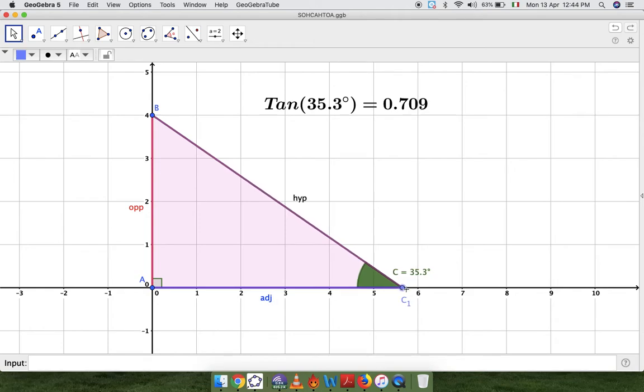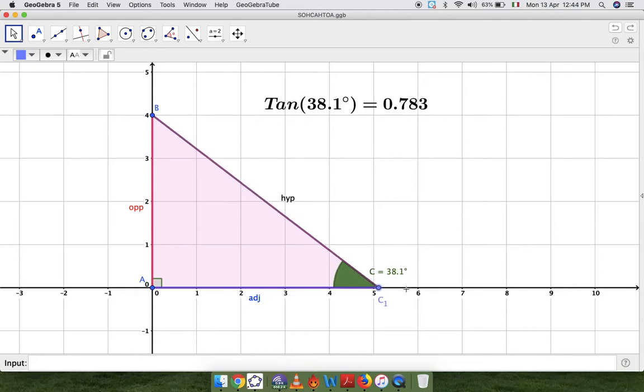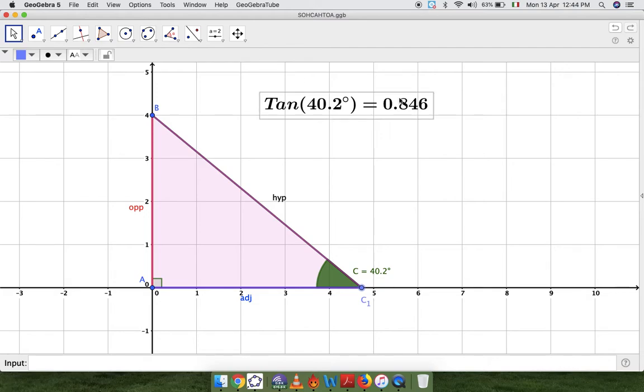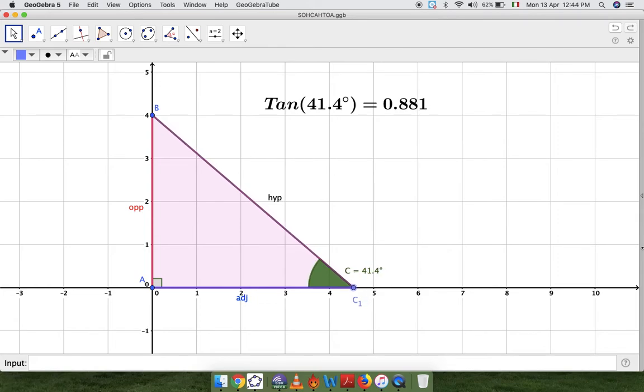Because that angle is getting more steep. So 4 divided by a smaller and smaller number, what is happening to that fraction? That ratio is getting bigger and bigger and bigger, right? Until we get to that 45-degree angle that we saw earlier.